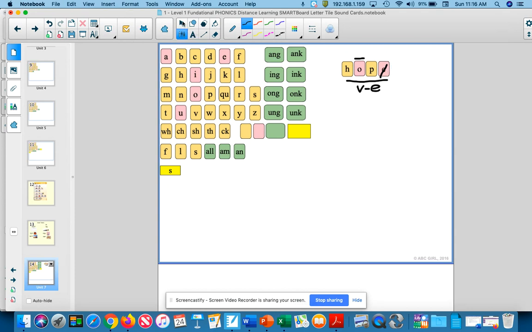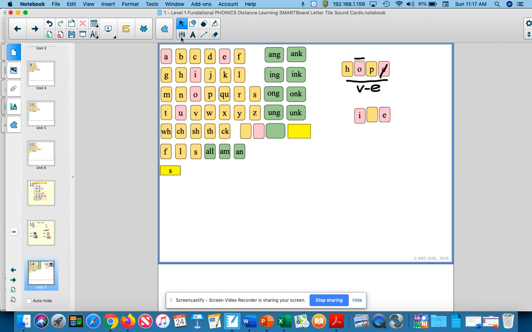Okay. I also want to go over today, when we are pulling tiles or writing letter sounds for the long vowel sounds. If I were to say, what letter says I, you would pull the I, but you would also pull a consonant tile and the E. So if you have your tile board, the correct answer would be I, consonant, E, makes the I sound.